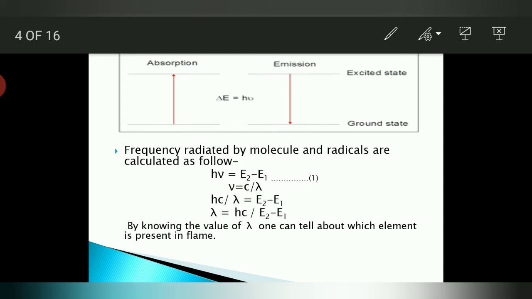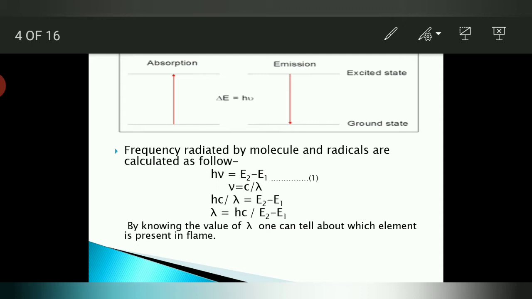Now, you know very well that nu is equal to c upon lambda. c is the velocity of light, and lambda is the wavelength of light. If we put this value of nu in equation number 1, we get hc divided by lambda is equal to E2 minus E1. Suppose we rearrange this equation, we have lambda is equal to hc divided by E2 minus E1.